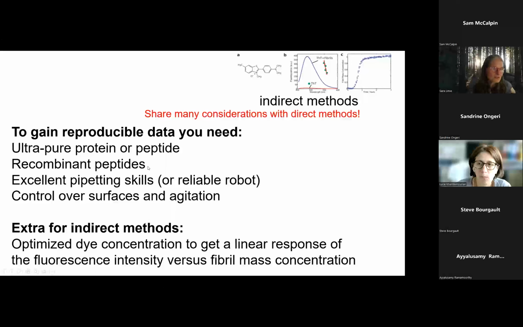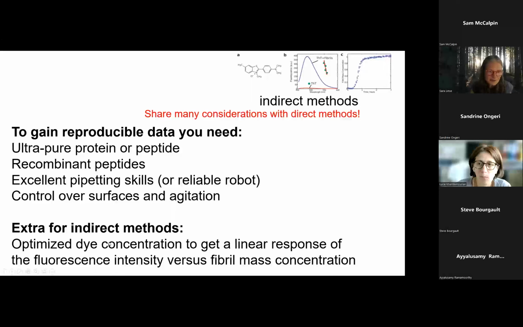Other tricks, of course, is to avoid synthetic peptides. You need excellent pipetting skills so that you don't have to blame reproducibility on yourself, or you get yourself a reliable robot. You need control over all surfaces, including air-water interfaces, and the way the samples are handled during the measurements. But there are some extras that you need to optimize for indirect methods.